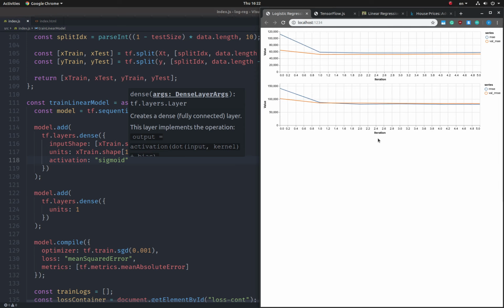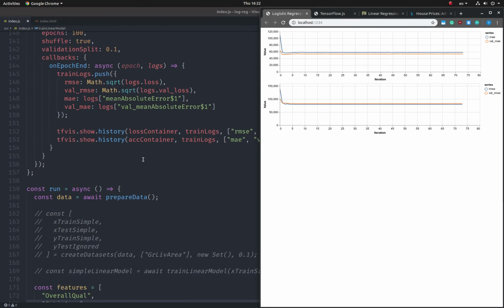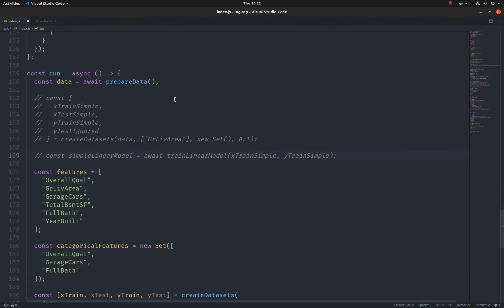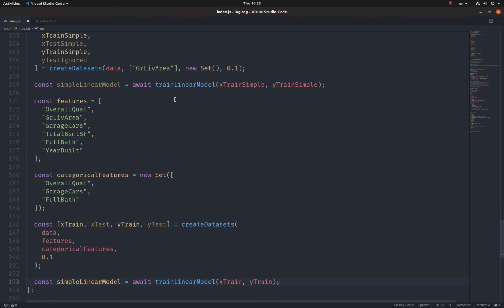Okay, so this time we're seeing both errors decreasing up to a point and then staying pretty much constant from there. Okay, so we've trained both of these models, and the next thing that I'm going to show you is training of both models and comparing the results between those two.